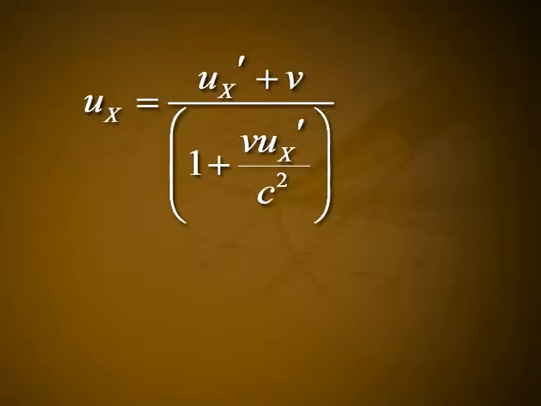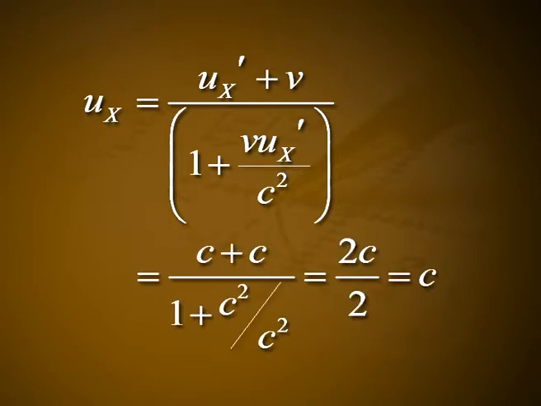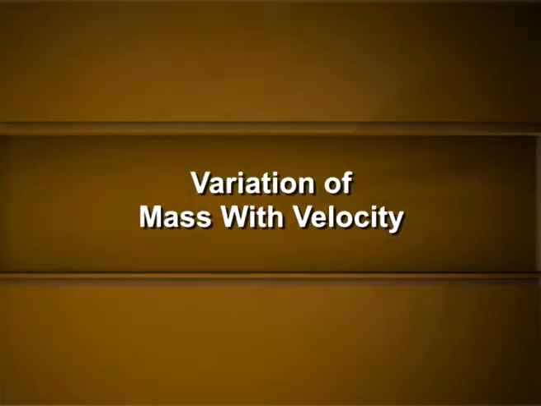Then ux is equal to (ux dash plus v) all divided by (1 plus v into ux dash by c square), which is equal to (c plus c) all divided by (1 plus c square by c square), which is equal to 2c divided by 2, which is equal to c. Hence, the velocity of light is the same for the inertial frames, whatever their relative speed may be.